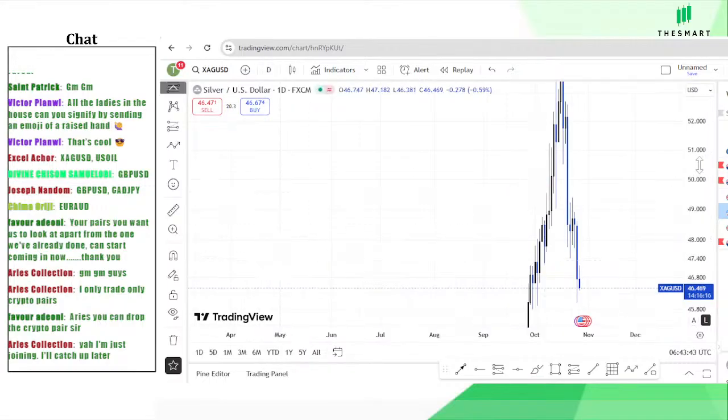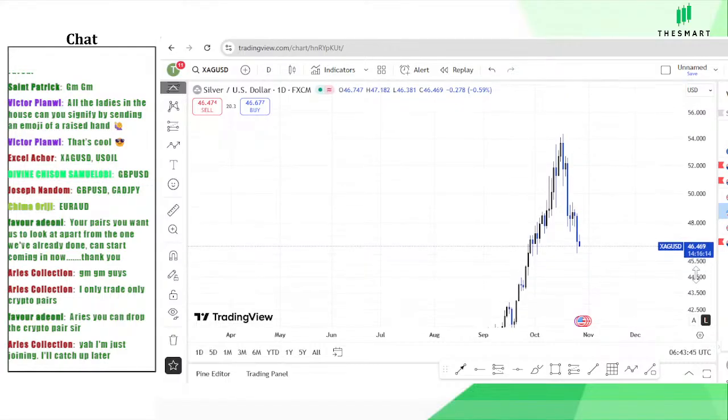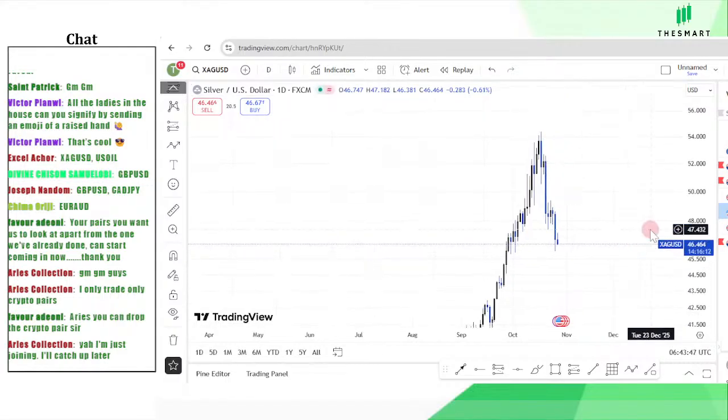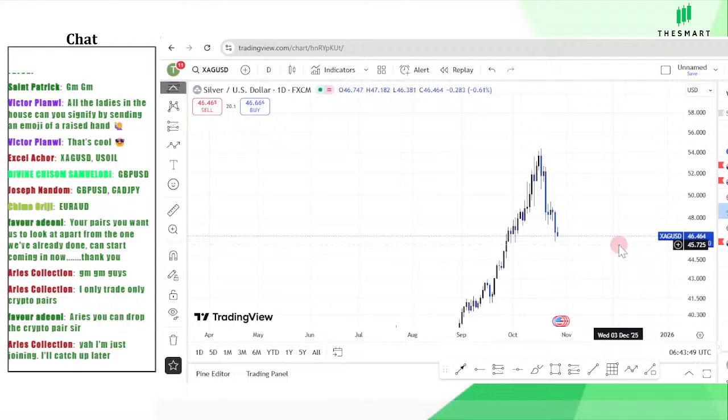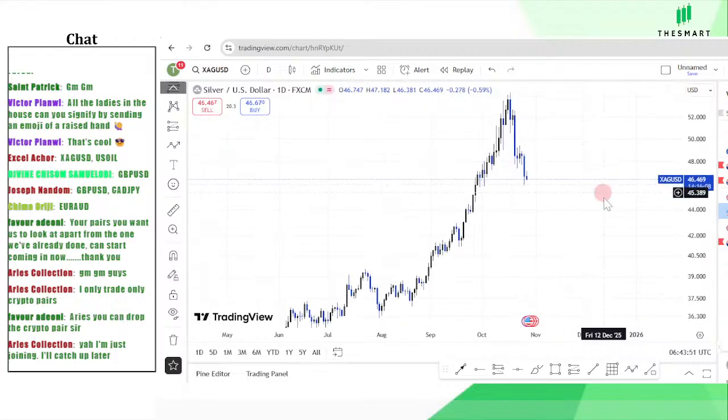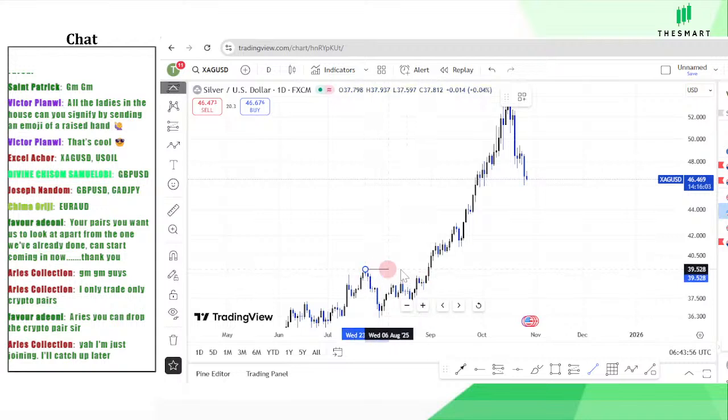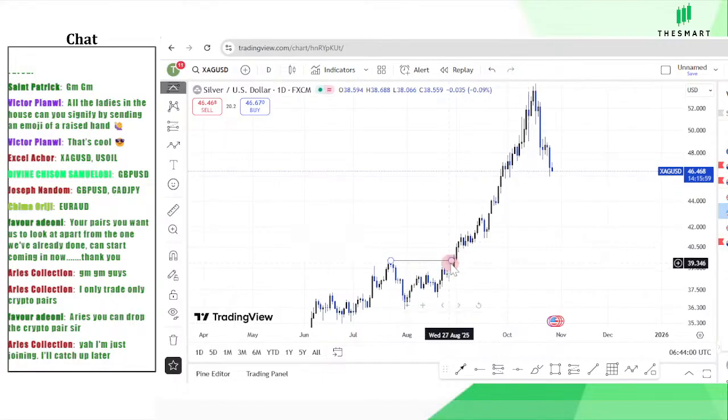Okay, so this is what we have on silver daily time frame. And if we should work with what we can see, I believe we can see this break of structure, a major break of structure to the upside here.